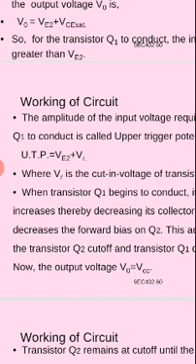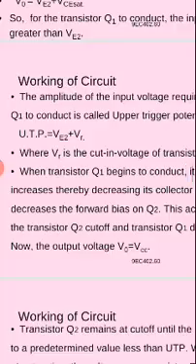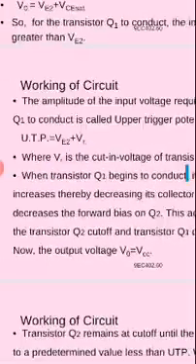UTP equals VE2 plus V gamma, where V gamma is the cut-in voltage of the transistor.